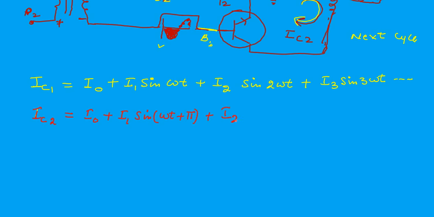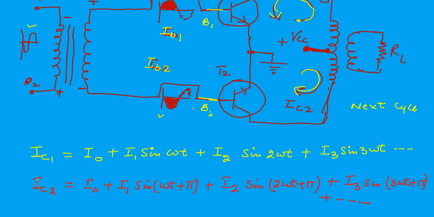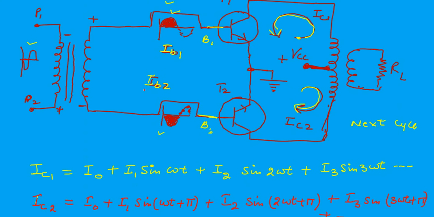Now the second current is also there, but it is out of phase by pi, so every harmonic of IC1 is shifted by pi because of the phase change of pi.